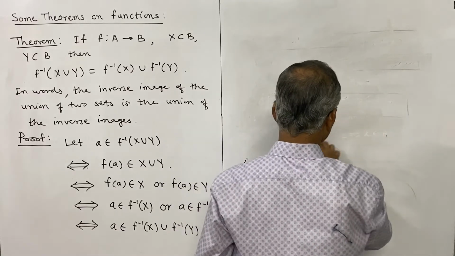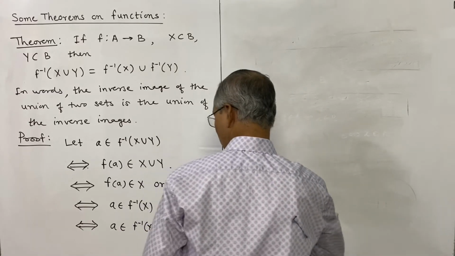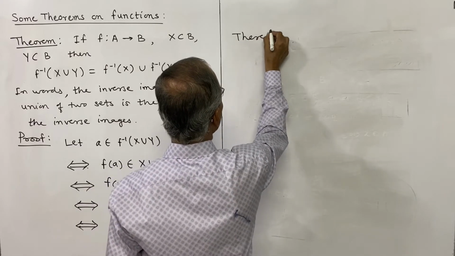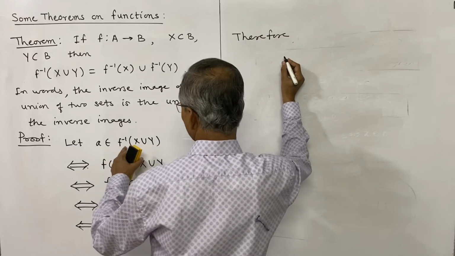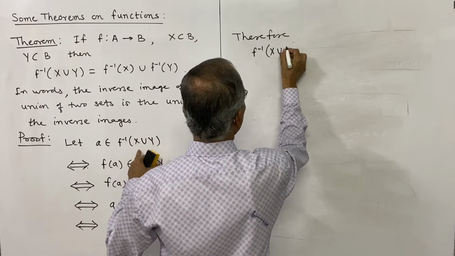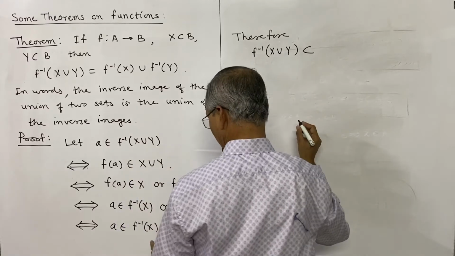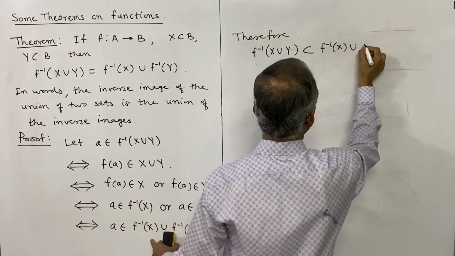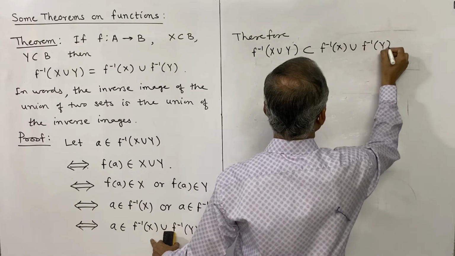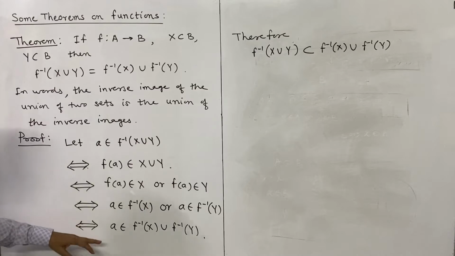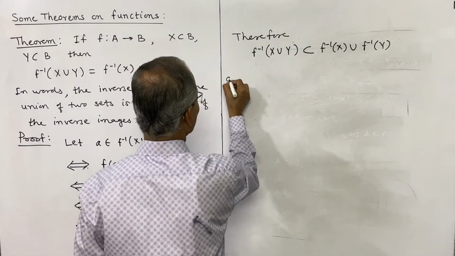Therefore these are subsets of each other. Therefore the first set f inverse of X union Y is a subset of the last written set f inverse X union f inverse Y. That is the forward implication, and the converse implication gives the second.